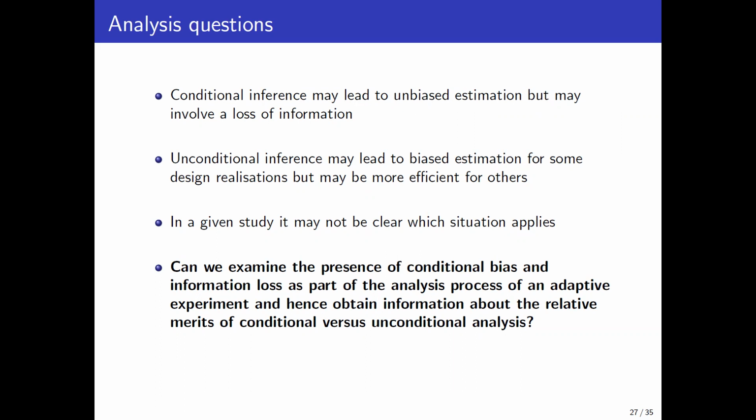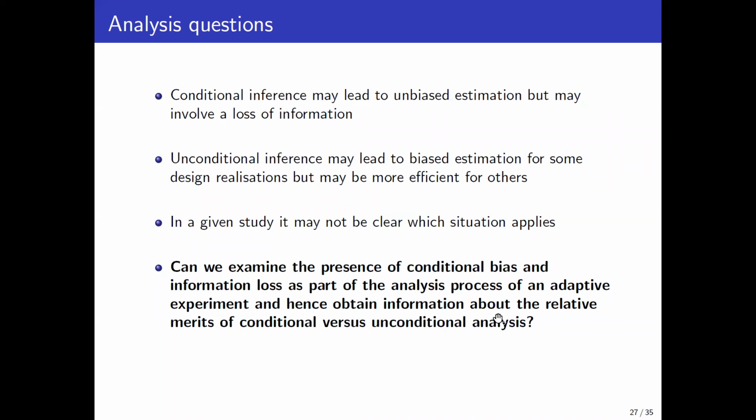Okay, so we've got this dichotomy or competing concept, if you like, where the conditional inference approach seems to lead to unbiased estimation. Certainly in those examples, it was very effective at providing unbiased estimation conditionally, but it can involve a loss of information. Whereas the unconditional approach may lead to conditionally biased estimation, but overall will often be more efficient than a conditional approach.